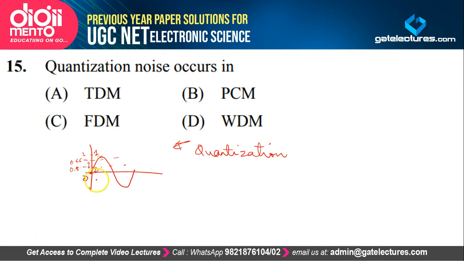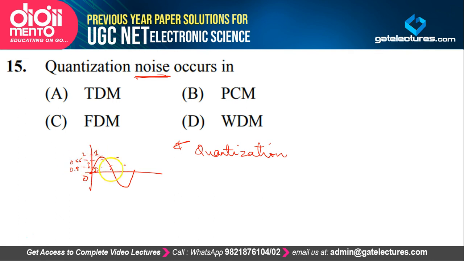Now due to this approximation, some noise adds. Some addition of noise is going to take place. As you can see, the more the number of levels, the less the noise is going to be. If I make very few levels, say only 2 levels, noise is going to be more because of more approximation, right?